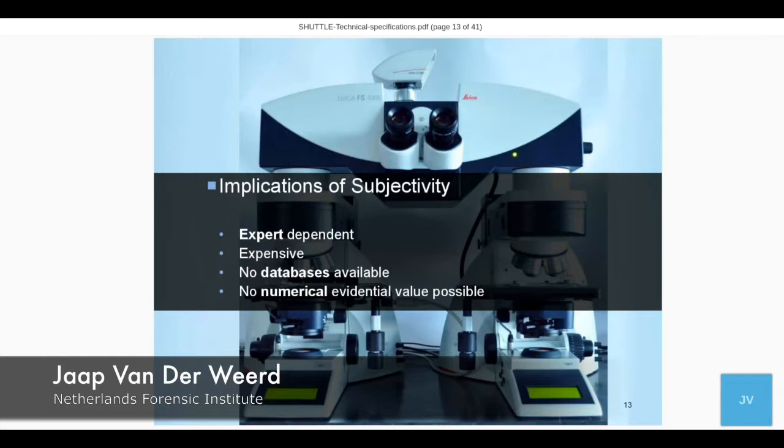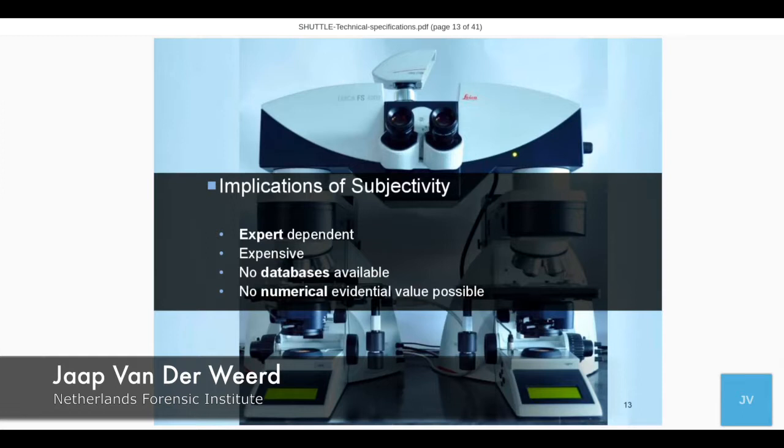People have to know what they're looking at, have to have detailed knowledge of the traces they are investigating. And of course, with all that knowledge, people are quite expensive. And if they have to spend a lot of time on traces because they have so many traces, that makes the process of forensic investigation very expensive.